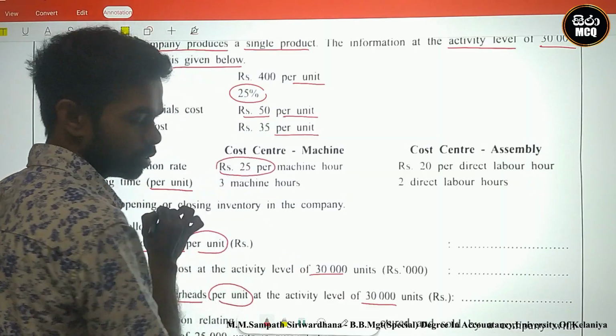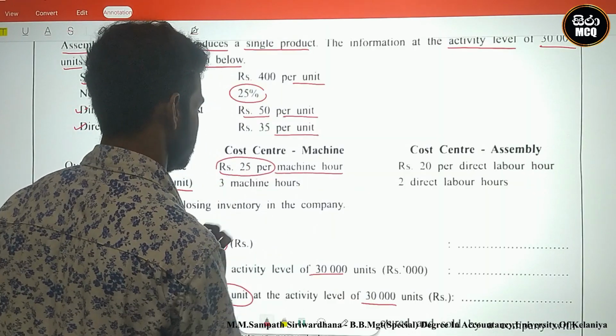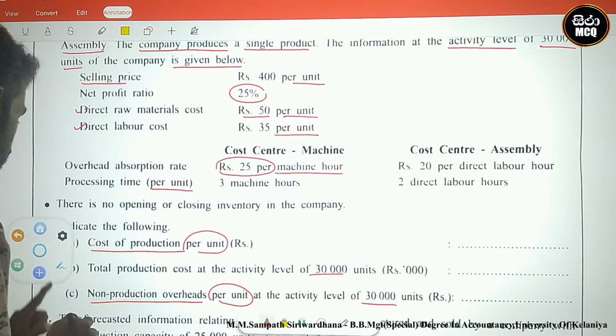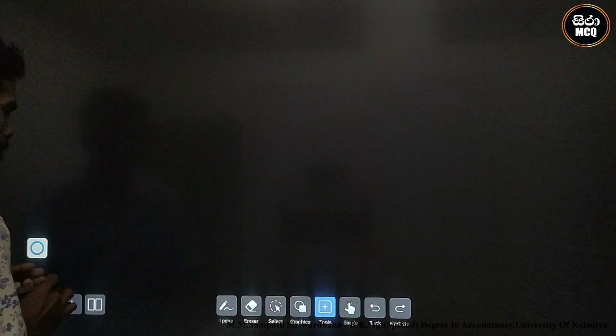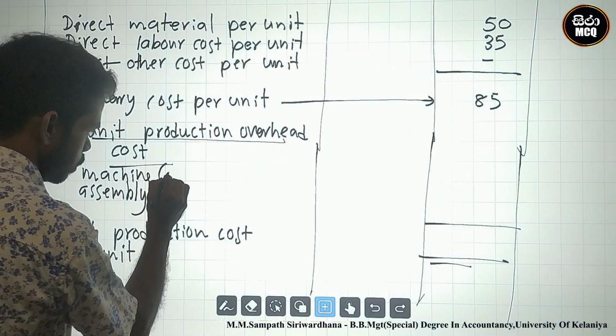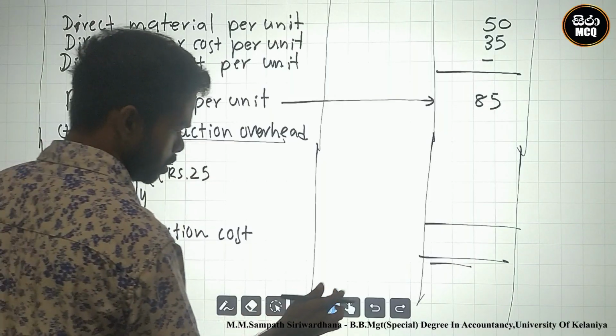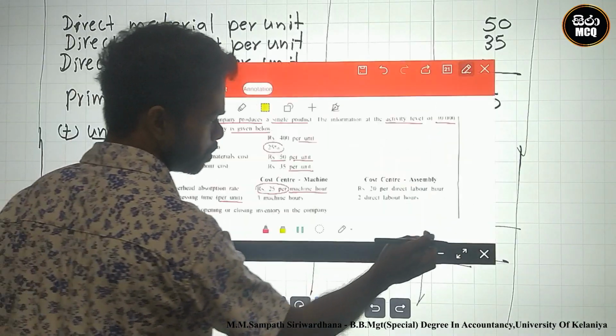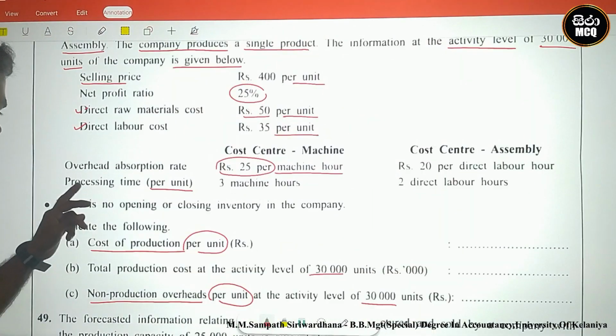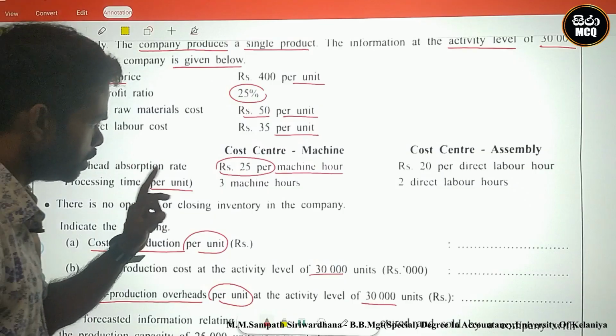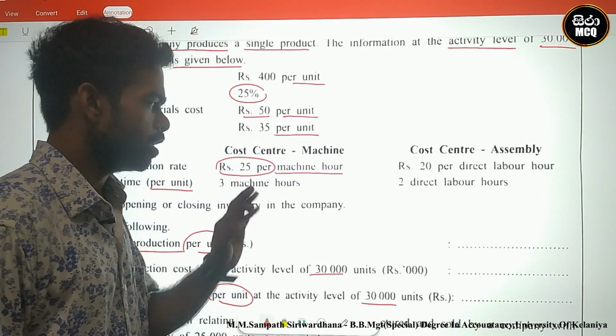The processing time per unit is 3 machine hours.